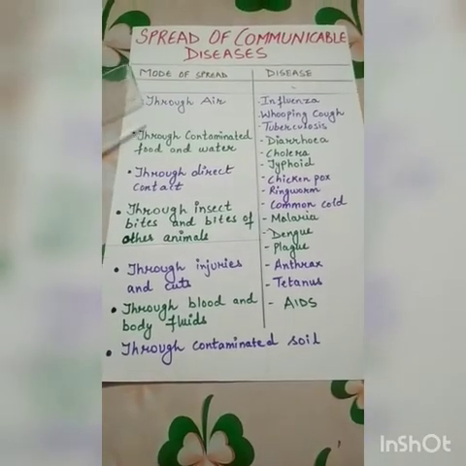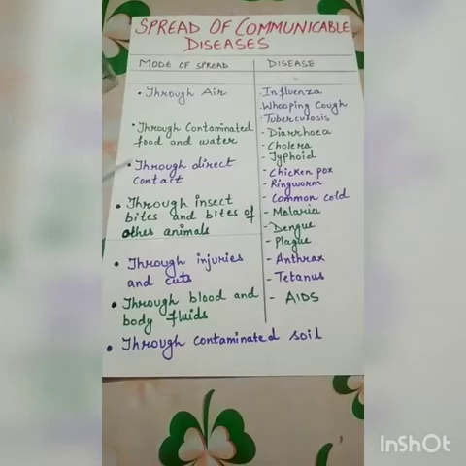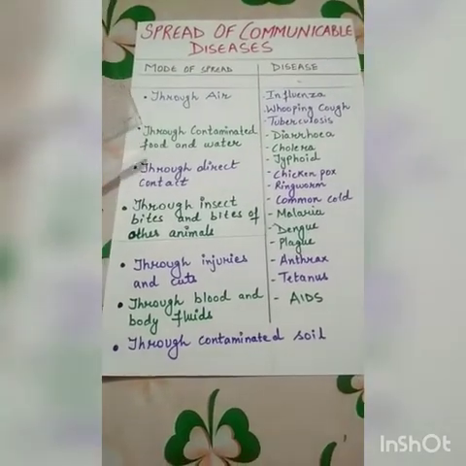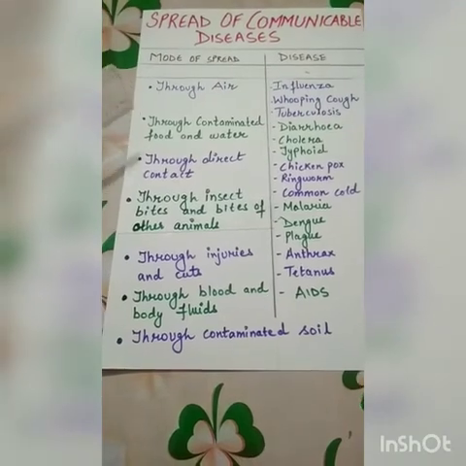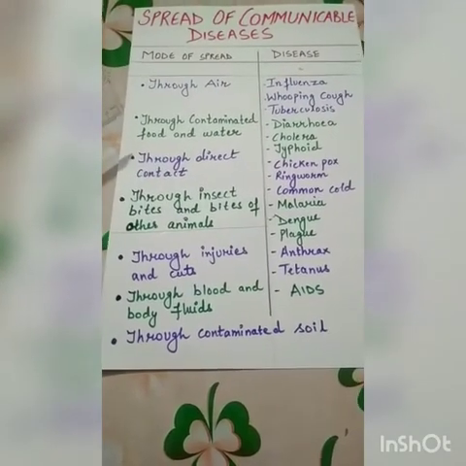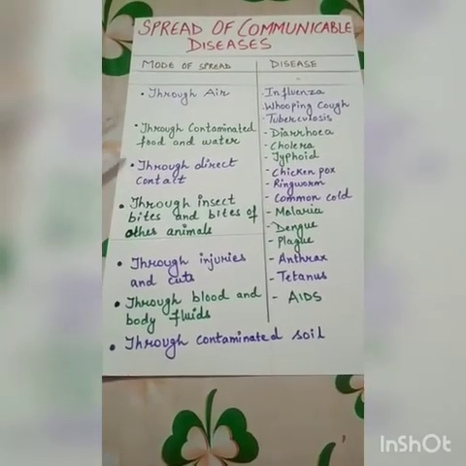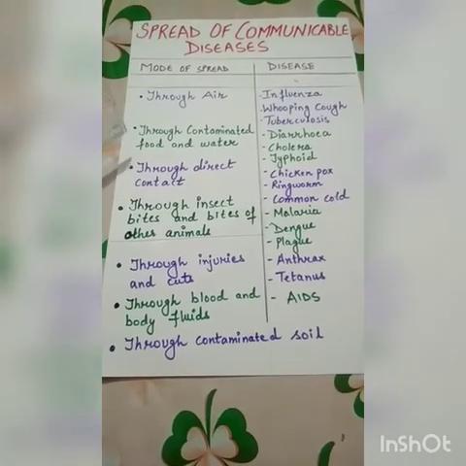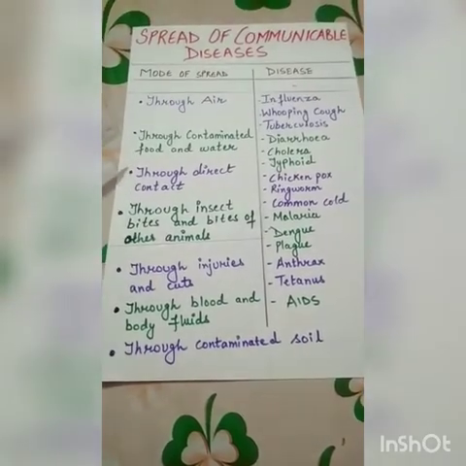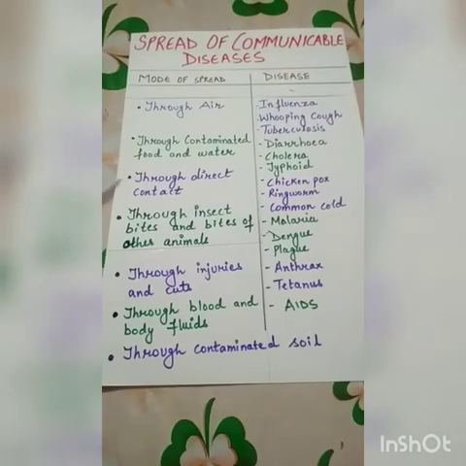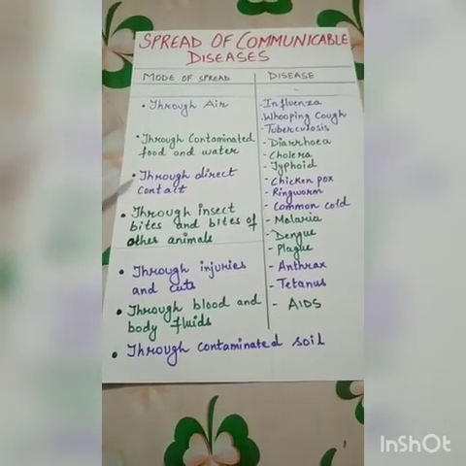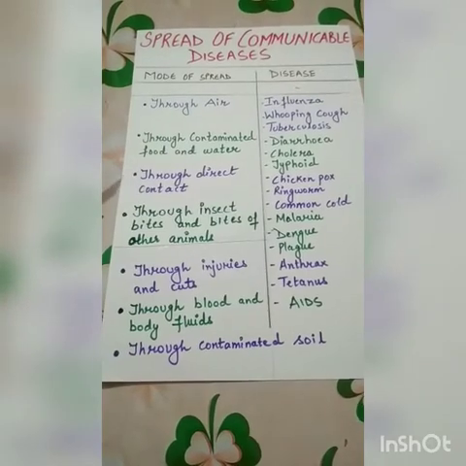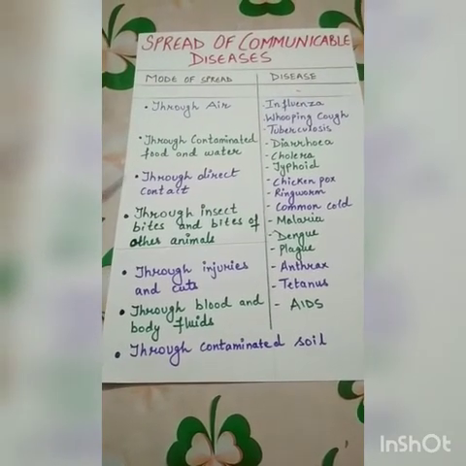The other way of spread of communicable diseases is through contaminated food and water. When food or water are not kept in hygienic conditions, they get infected with germs. And these germs are carried by insects like mosquitoes, flies, etc. which sit on garbage and then transfer the germs to the food.